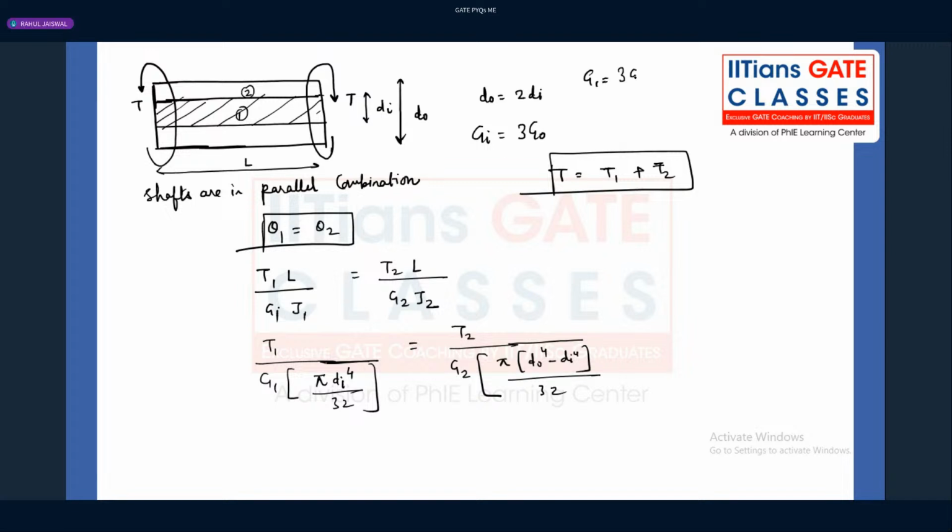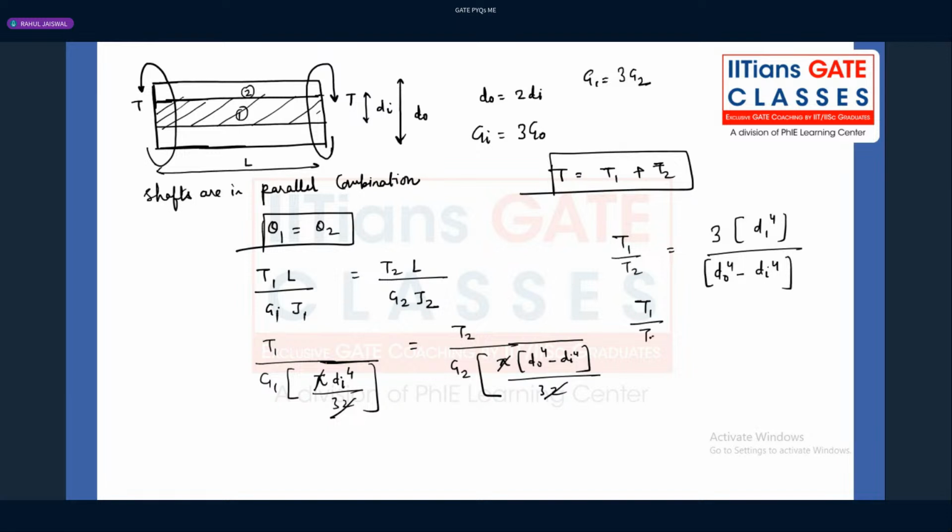Now understand, G1 is equal to 3 times G2, right? So what we can write here, pi and pi will cancel out, and the 32 will also cancel out. So T1 by T2 is nothing but G1 by G2 times the ratio of polar moments. It's 3 times di to the power 4 divided by D naught to the power 4 minus di to the power 4. Now D naught is equal to 2 times di.